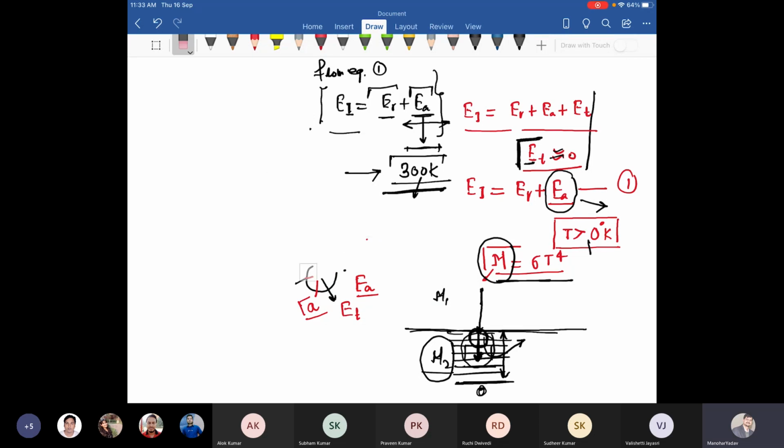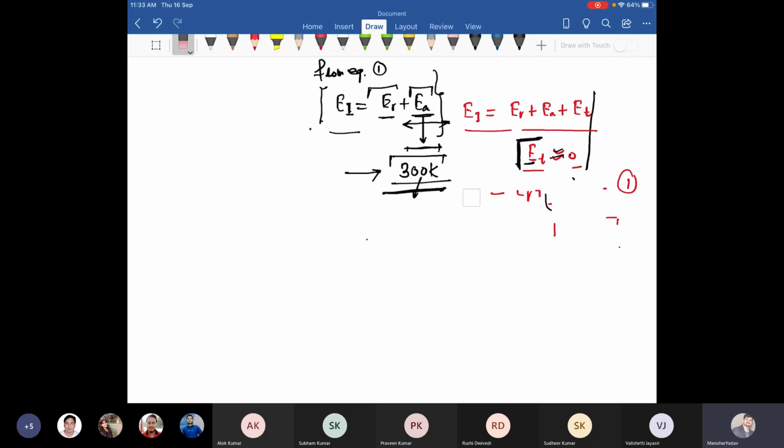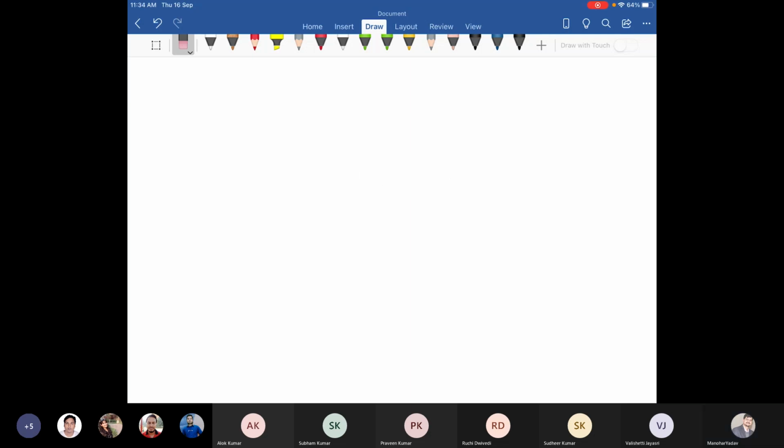Roughly, I will draw it over here. We have already discussed two radiation laws. The first one is the Stefan-Boltzmann law, which tells us M is equal to sigma T to the power 4. It means if the surface temperature of a material is more than 0 degrees Kelvin, it starts radiating energy.